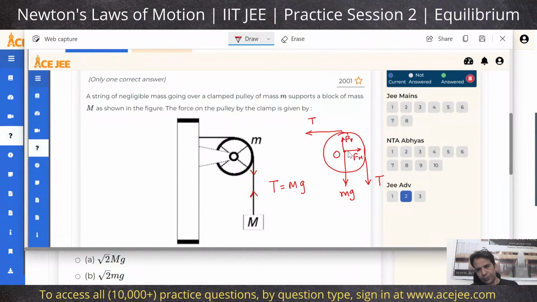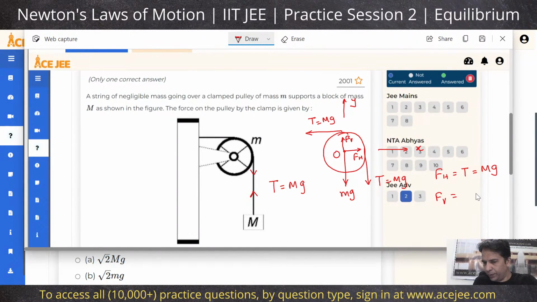So now let's quickly balance out the forces. In the horizontal direction, let's say this is positive x, this is positive y. Your FH is equal to T, is equal to capital Mg. Now let's balance the forces in the vertical direction.